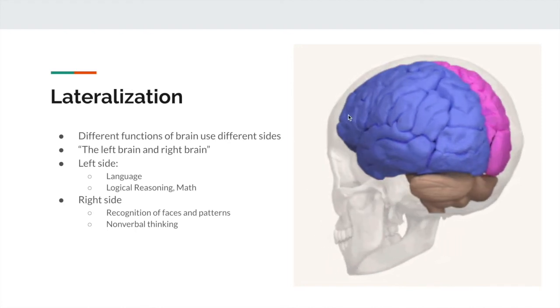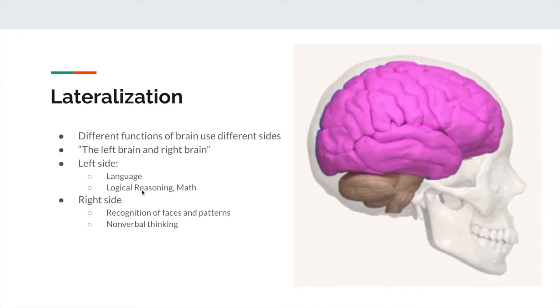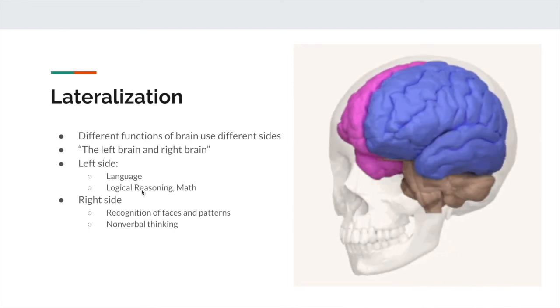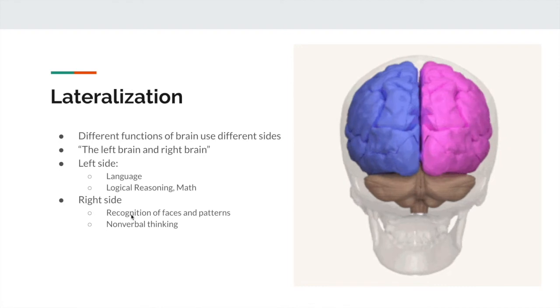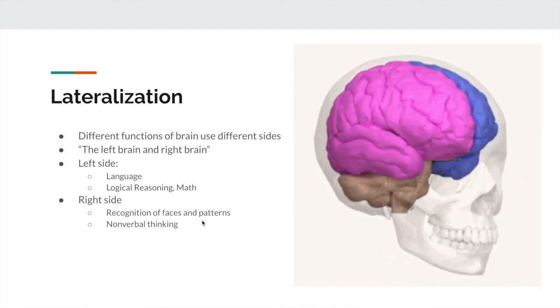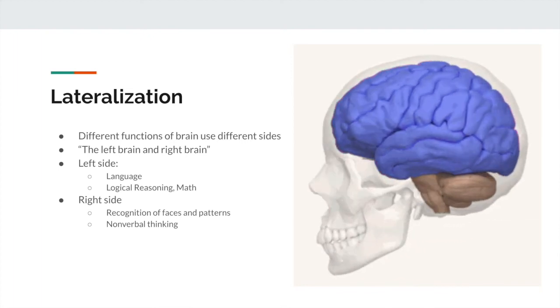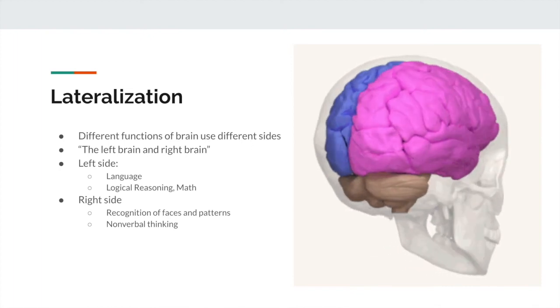They're mostly dominant in the left side. The left side is also responsible for logical reasoning and math aptitude. The right side of the brain is responsible for recognition of faces and patterns, and also nonverbal thinking. So, like, being able to visualize different things in your head without actually thinking in words.